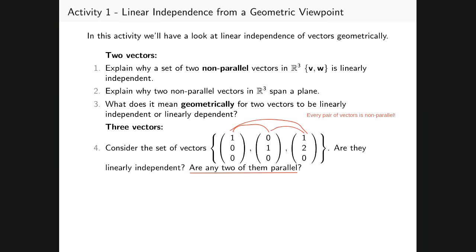Okay, so we obtain that every pair of vectors is non-parallel. There's no way to stretch any one of these three to obtain any other of the three. Okay, but now let's go back to the question of linear independence.